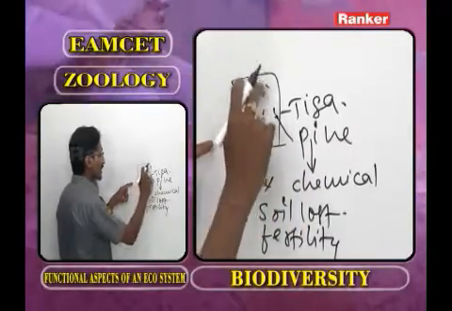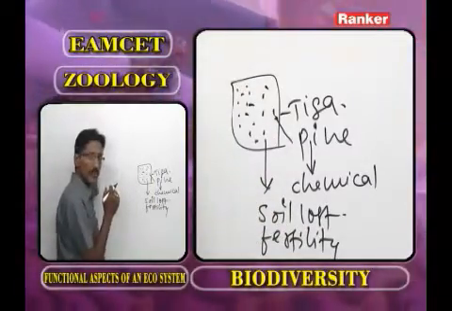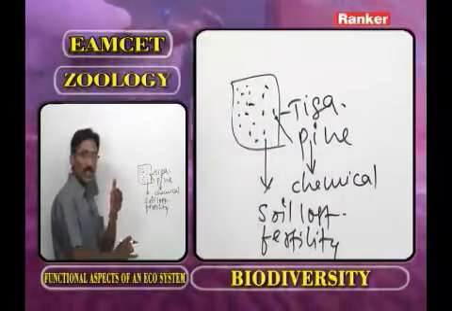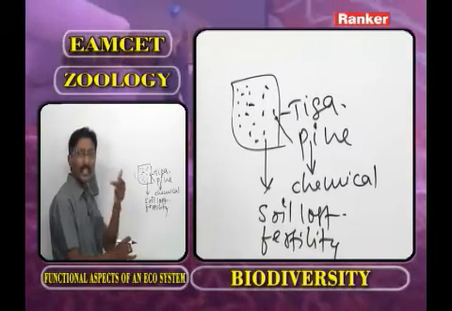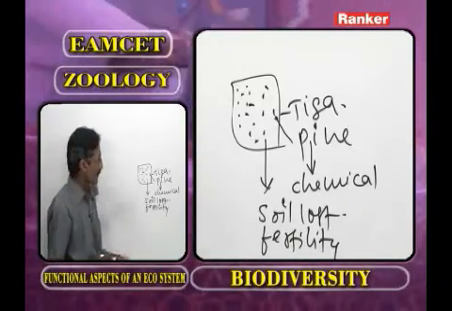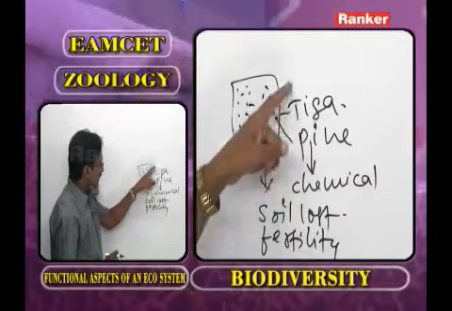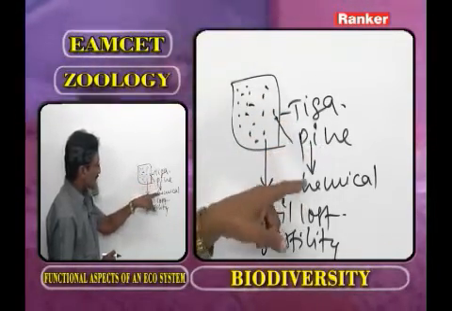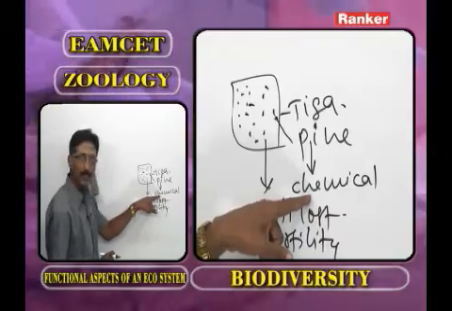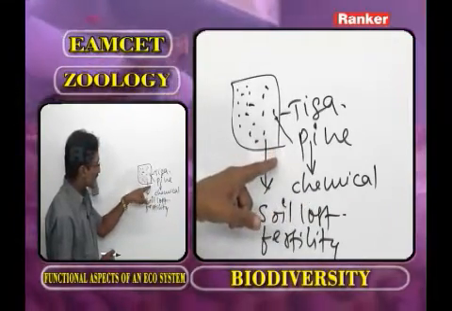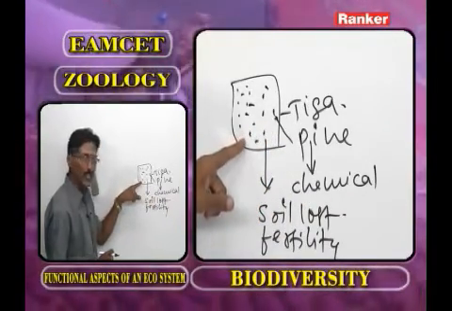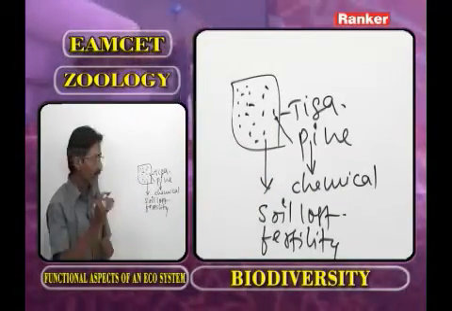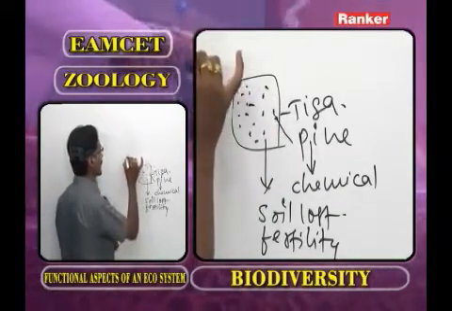Because of the chemicals the soil is polluted. In this polluted area, there is no chance for the growth of another vegetation. Here, in the taiga, the pine plants are predominant and secrete a poisonous chemical. Because of it, the soil is polluted, and there is no chance for the growth of grass plants. That we call chemical inhibition.